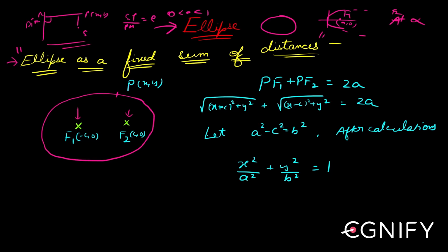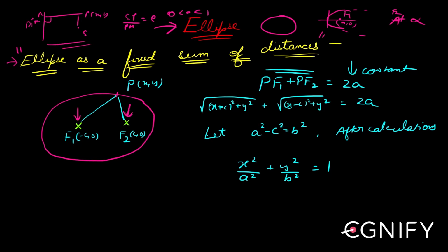For ellipse, the two foci are like this. They're on the same line, and if I calculate the distance of any point on the ellipse from the first focus and add it to the distance from the second focus, that will be equal to a fixed constant. That is the definition.